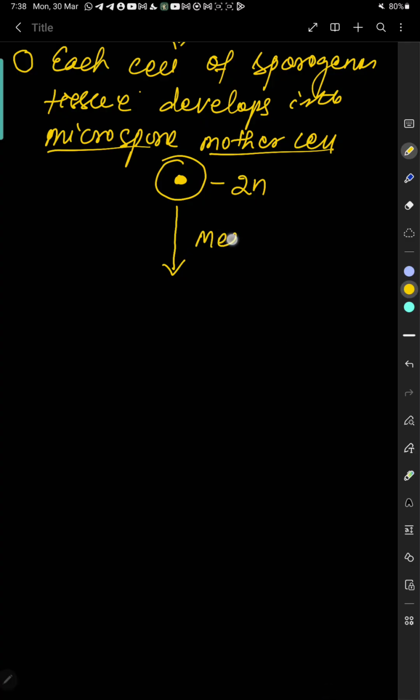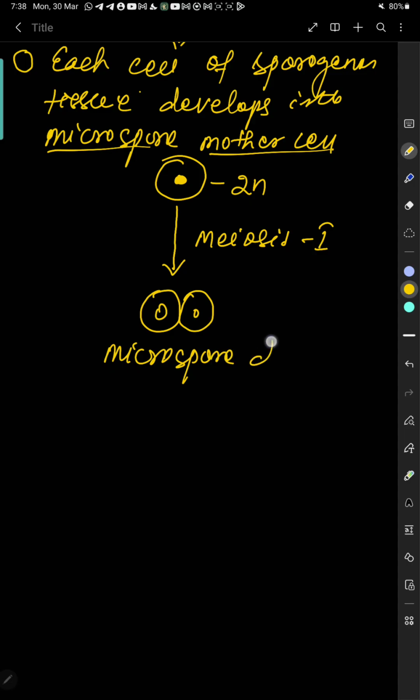So after meiosis 1, it forms a microspore dyad, which means it is divided to form 2 daughter cells, but they are attached to one another, in contact with one another, so they are known as a microspore dyad.